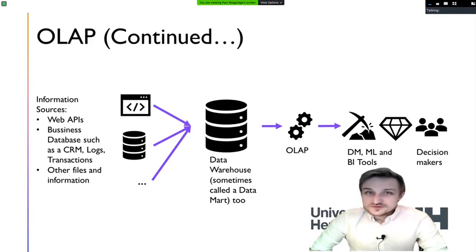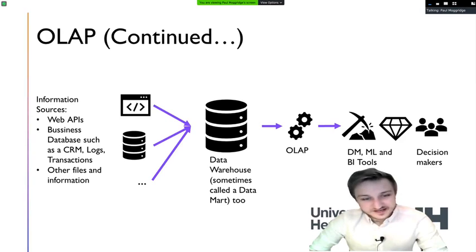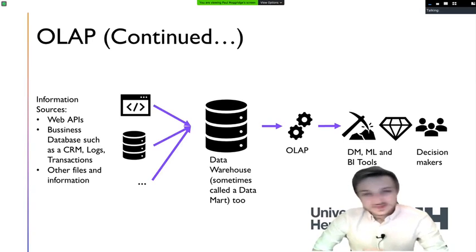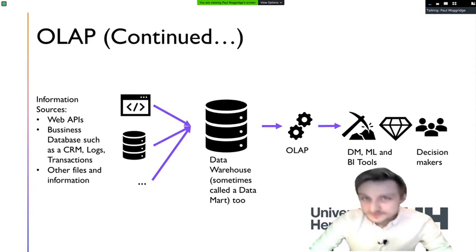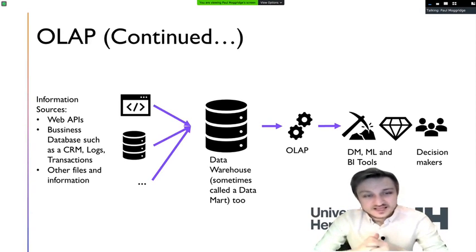So the job of the data warehouser, the person doing the data warehousing, is to extract, transform, and load this information into a data warehouse. So the first stage is extracting the information from those sources. That is then extracted into what is sometimes referred to as a staging area. In the staging area, the data is then transformed.